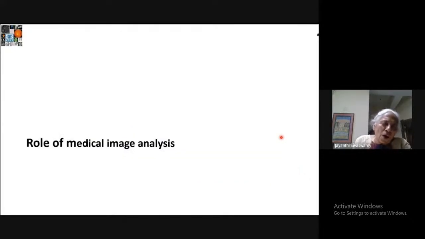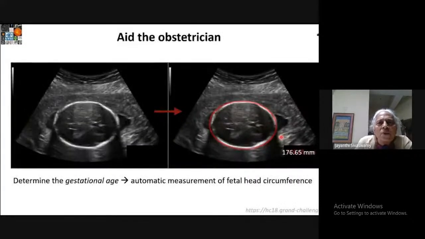Now let's move to how I process such images. What is the role of medical image analysis? I'm going to give a different view in terms of how it is practically used. When I compute something with the medical images, who does it help? For instance, it can aid the obstetrician.